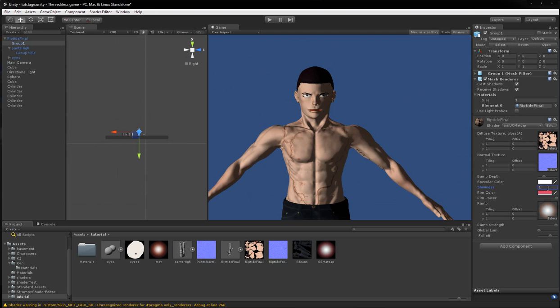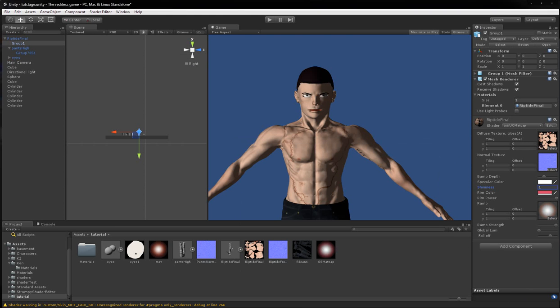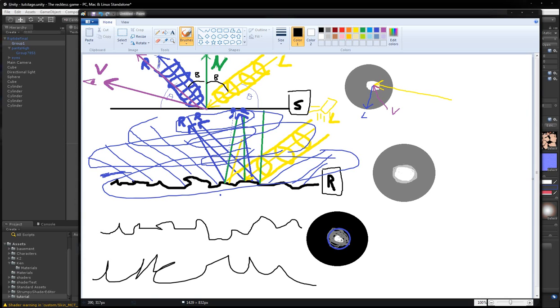As I increase the shininess, we're decreasing the roughness. So in other words, we're going from a surface that was extremely rough to a surface that's less rough.